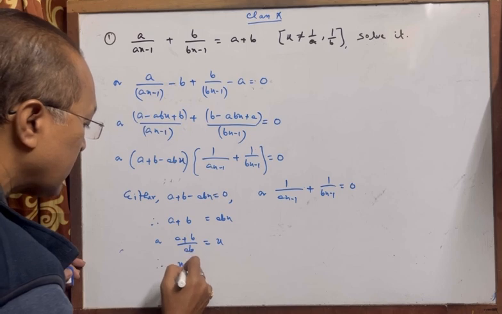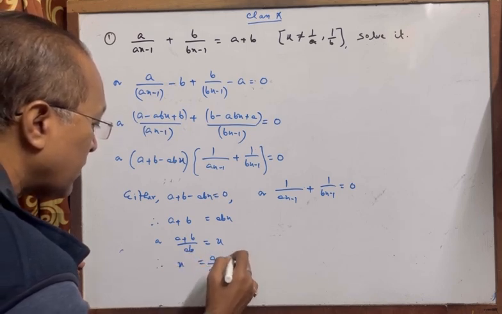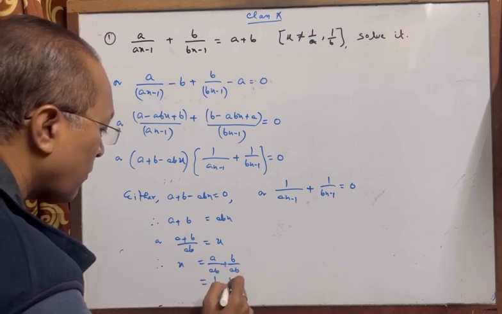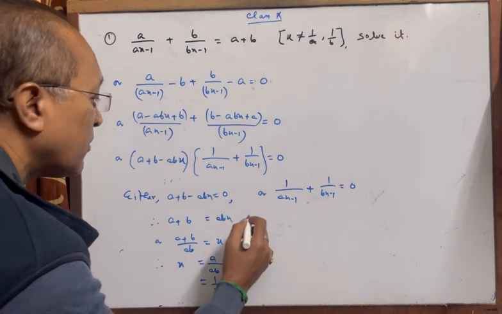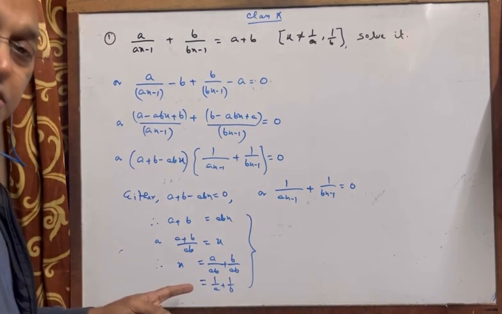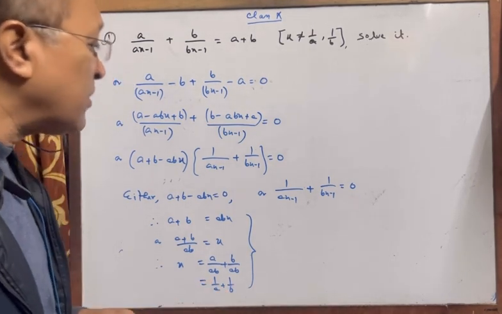That is, we can say x is equal to a by ab plus b by ab, that is 1 by b plus 1 by a. So we got the first root, x is equal to 1 by a plus 1 by b.